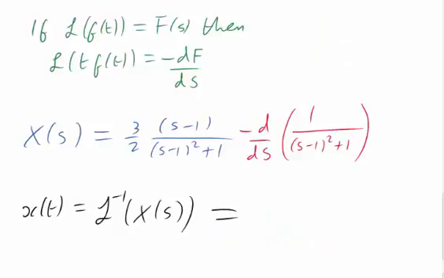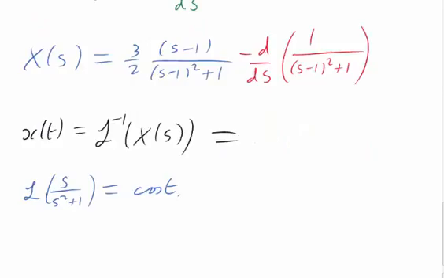Let's deal with the first term, the blue one. That's the easier of the two. Can you see that wherever s appears, it appears in the combination s minus 1? That's telling us that a shift theorem has been applied here. We need to revert or invert the effect of the shift theorem. So let's look at the inverse transform of s over s squared plus 1.